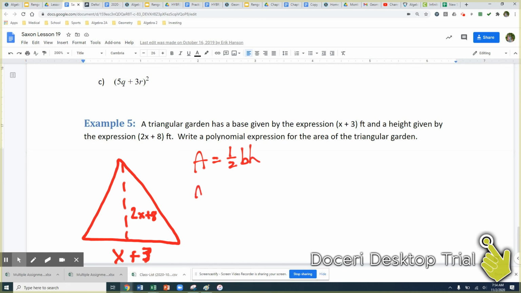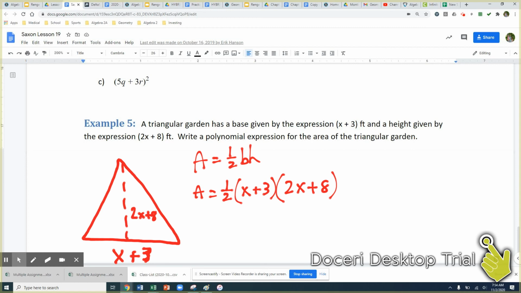I'm going to put my dimensions in for b and h. So 1/2 times x plus 3 times 2x plus 8. My base was x plus 3, and my height is 2x plus 8. Now I'm going to put those in my formula.